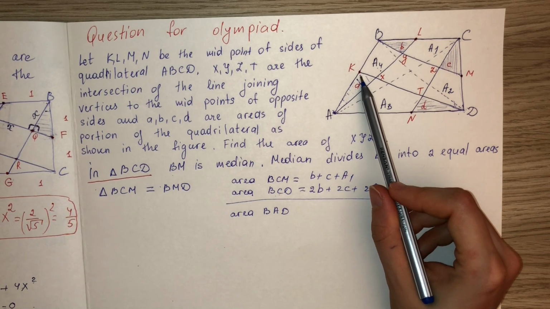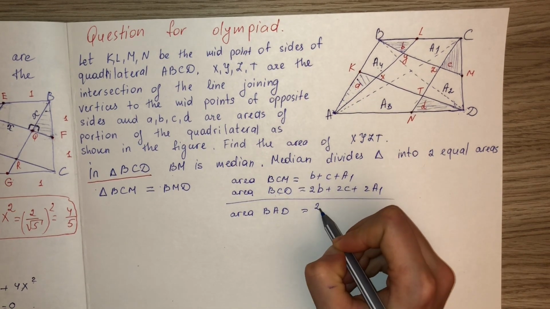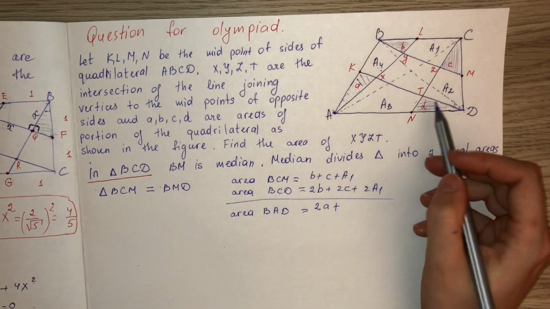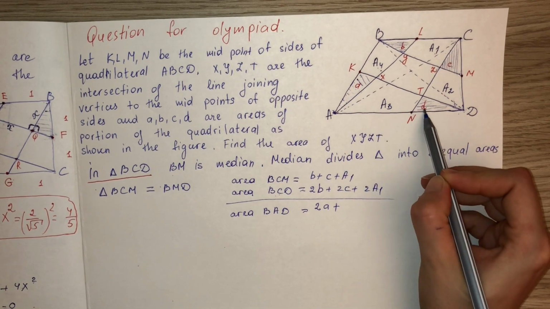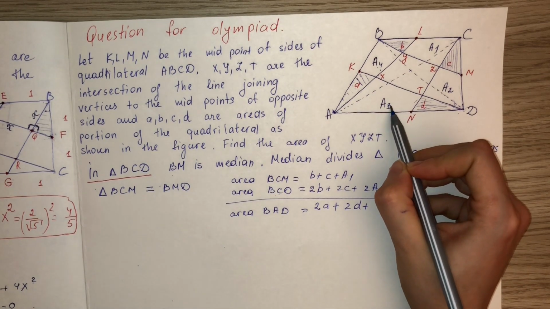Yes, we get that the area of BAD is equal to 2 times A plus 2 times D plus 2 times A3.